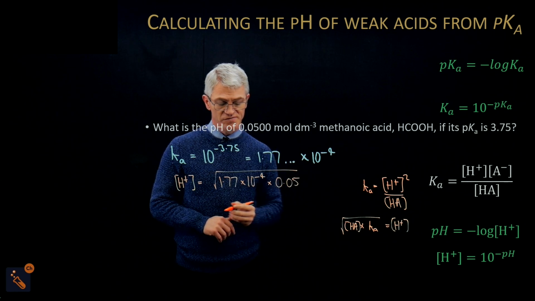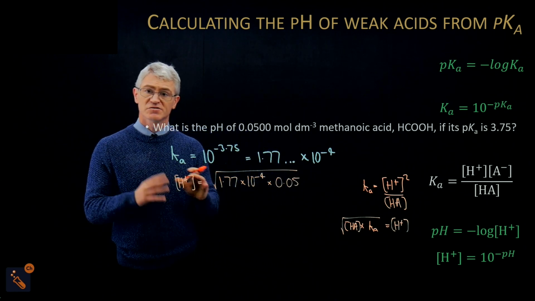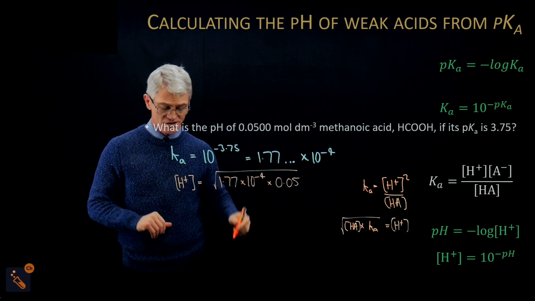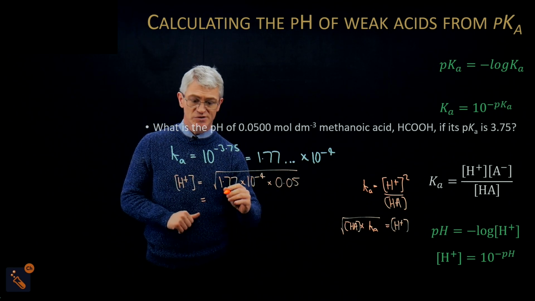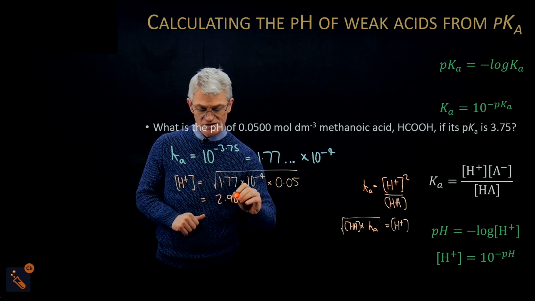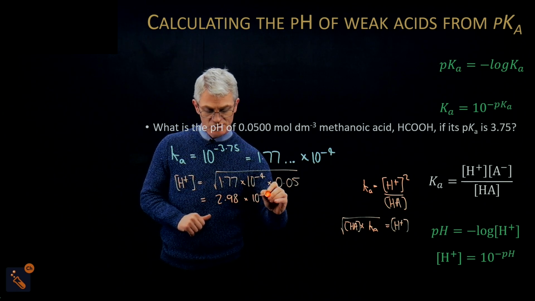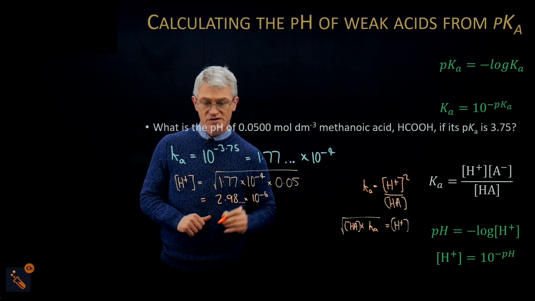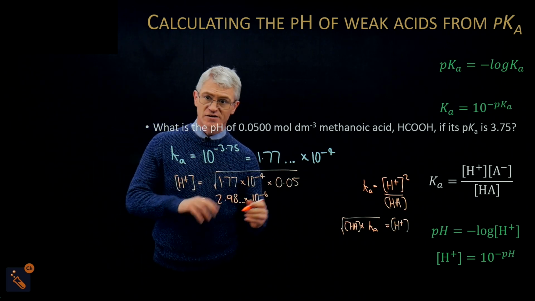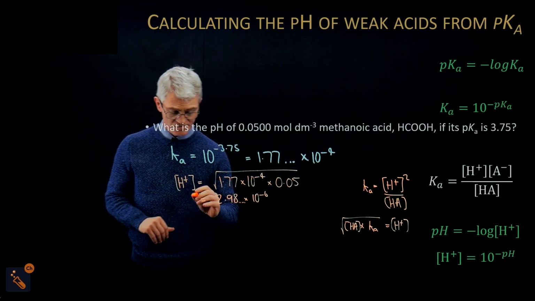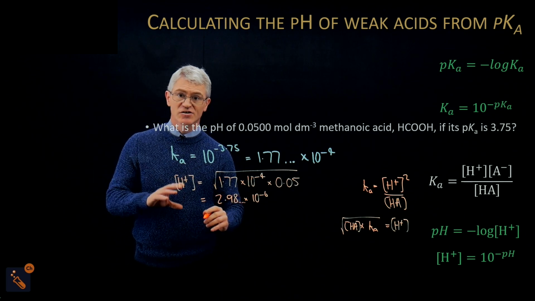If we take a square root of that, we've got H plus equal to 2.98 times 10 to the minus 6. And again, I'm keeping it in my calculator. Really, really important. Keep it in your calculator. Don't round.